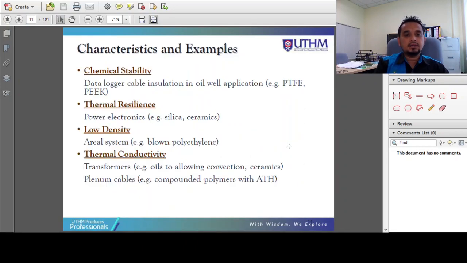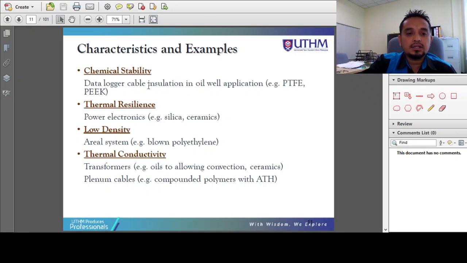Okay, we come to the characteristics and examples. There are some important characteristics of the dielectric materials, in which first we talk about the chemical stability. For example, we have data logger cable insulation in the oil well.